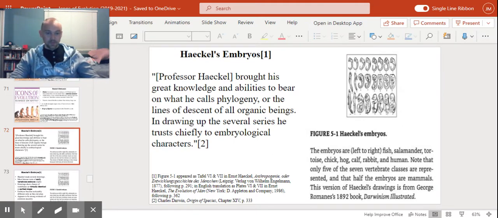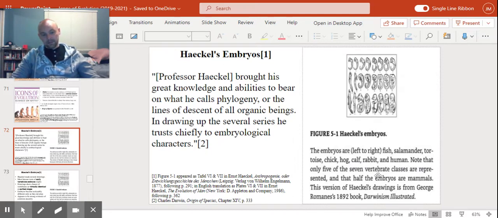Okay, so here's Haeckel's embryos. So he says, see, these different creatures that look different once they're fully developed, but looked a lot similar at their earliest stages. So he has here embryos left to right: fish, the salamander, tortoise, the chick, the hog, the calf, the rabbit, and the human.